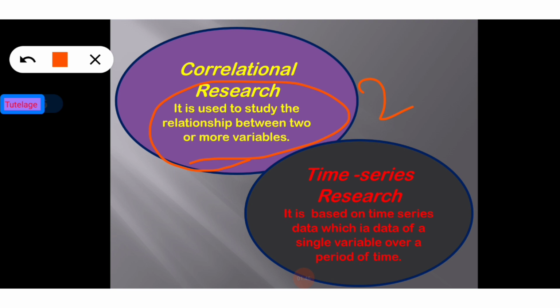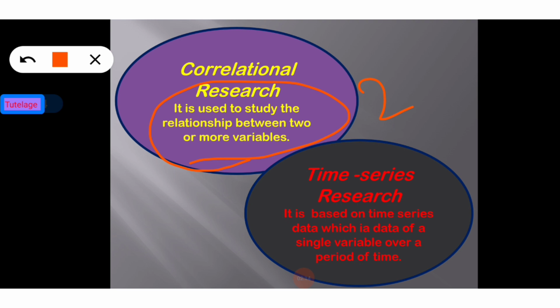So correlational research basically deals with the relationship between two or more variables. But ex post facto research also deals with the study of the relationship or association between two or more variables, but the researcher has no control over the independent variable.